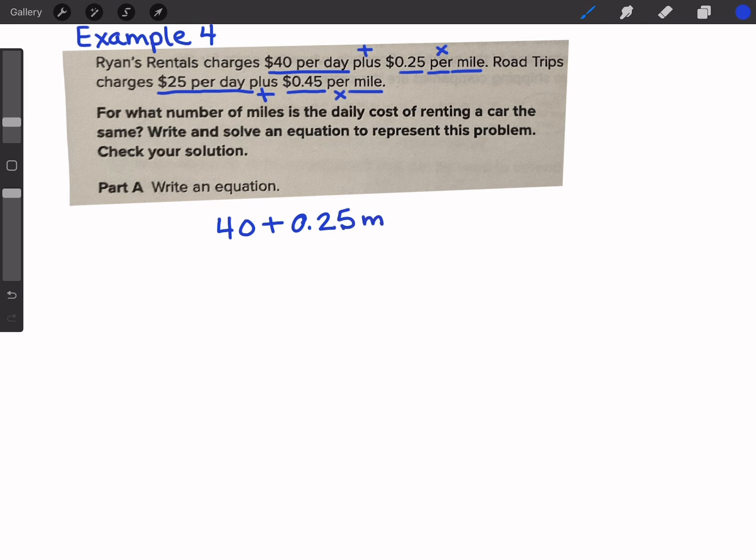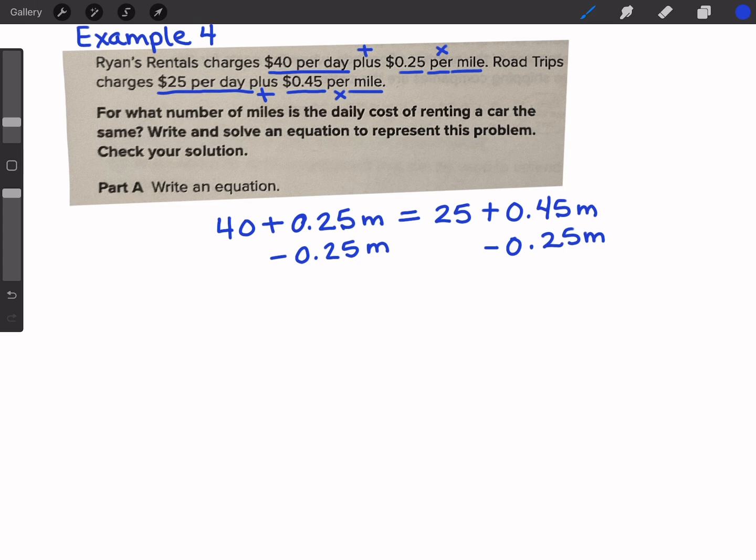So my first equation is 40 plus 0.25m, and that will be equal to 25 plus 0.45m. All right, when I solve my equations, I like to take the smaller number away from the bigger numbers first. So this time, I'm going to take away 0.25m from both sides of my equation.